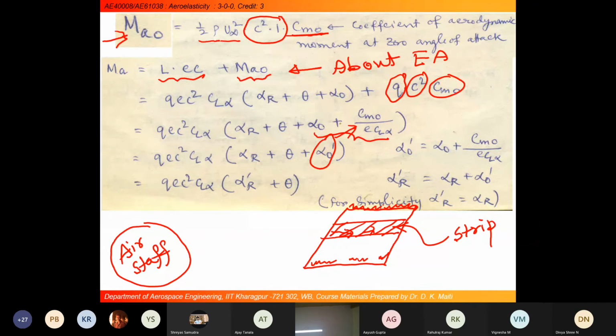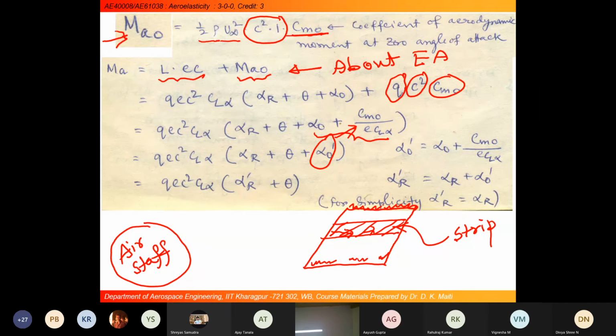That is the beginning point of our design. Once I decide that I need certain activities to be performed by an aircraft, these are the activities that I call the air staff requirement, and with that I will start my aircraft design. Initially, I have to start with an aerofoil section.